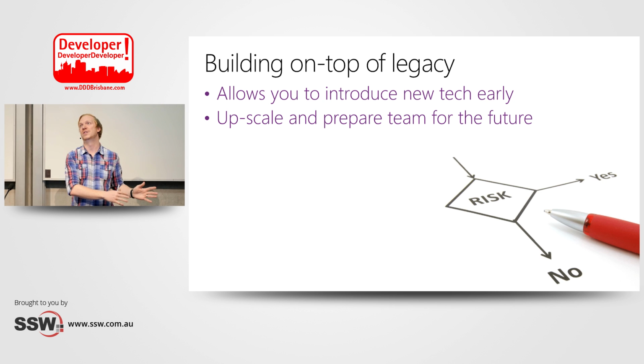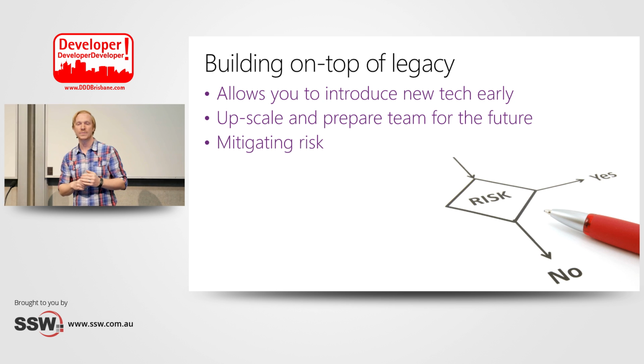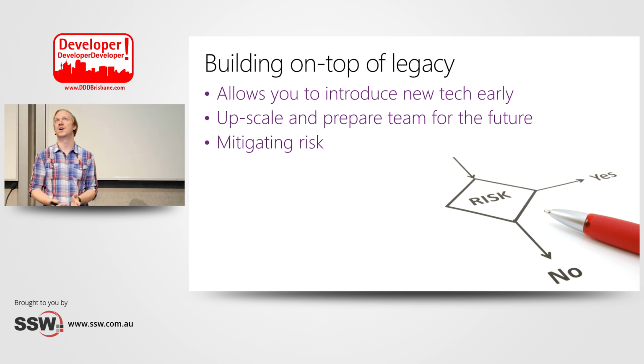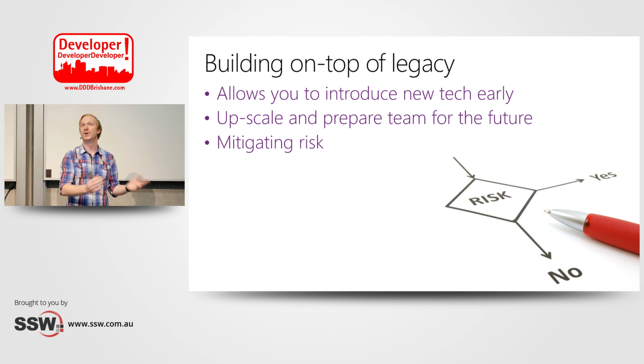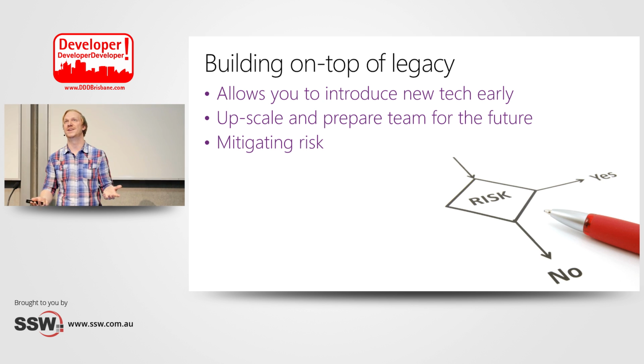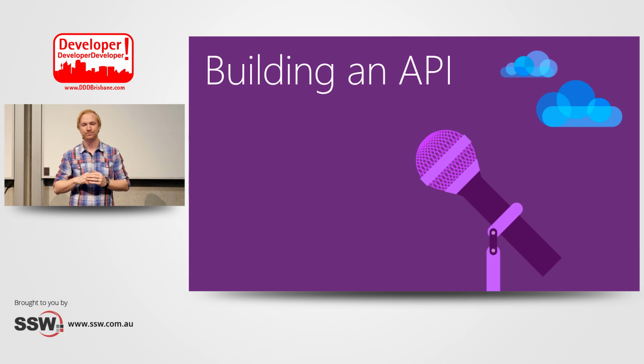If they're working with old technology, it's a nice way to keep them motivated to work with something new as well. And it's mostly about mitigating the risk of introducing a totally new piece of software in an environment that is already proven to work, and just replacing everything with ASP.NET 5 Beta 4 wouldn't really make any sense. So instead, we build this as a little piece of software at the side of our current infrastructure.